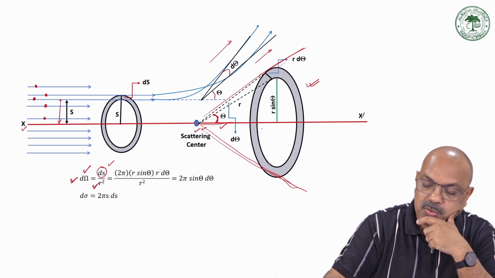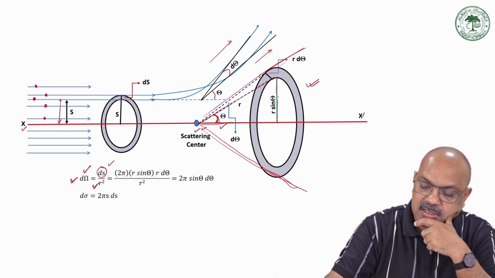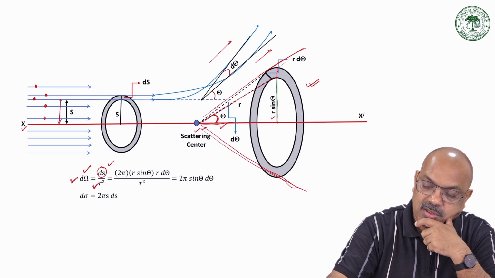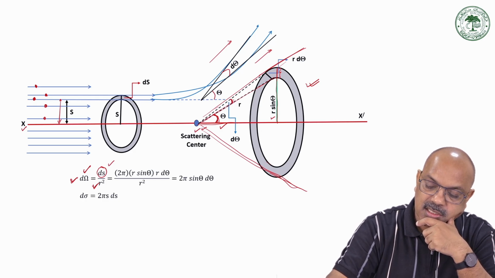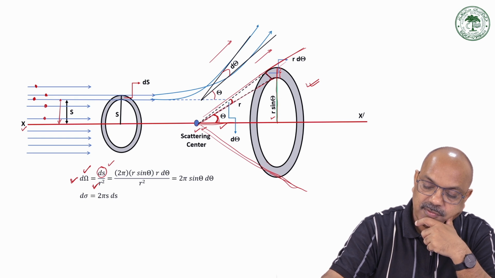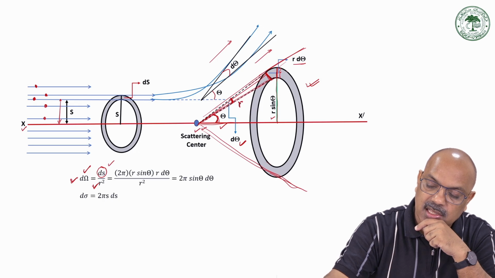If this is my r, then this is going to be r sine theta, and this thickness is going to be r times a small angle d theta, from here to here. So this arc length is going to be r d theta.